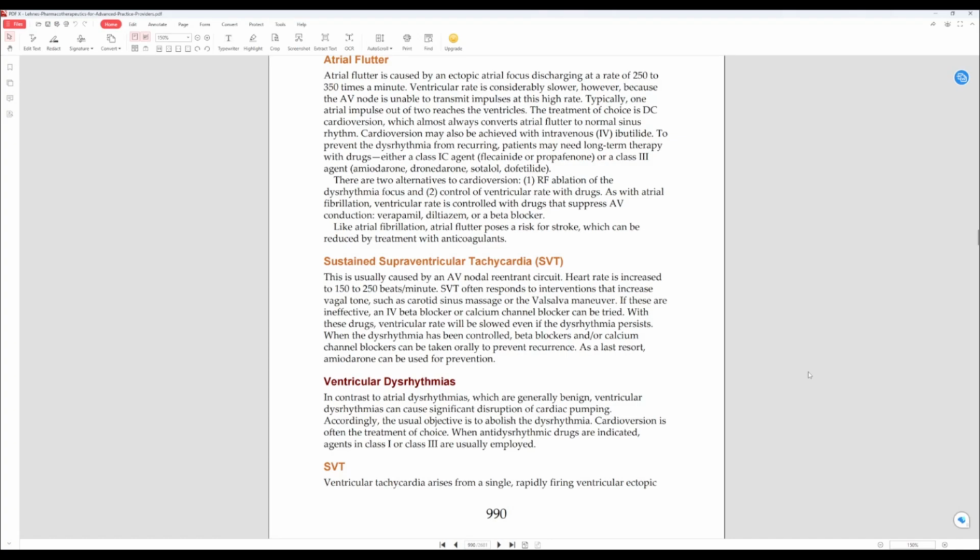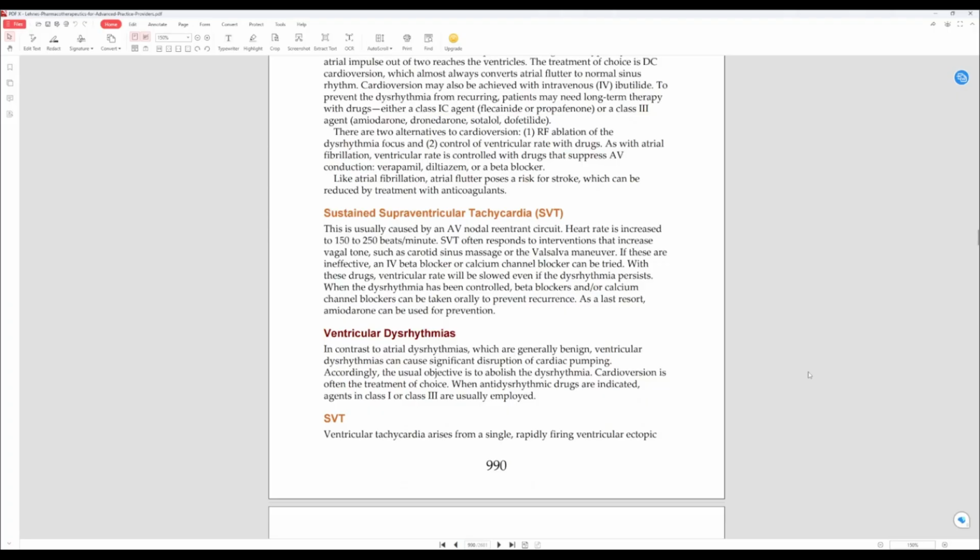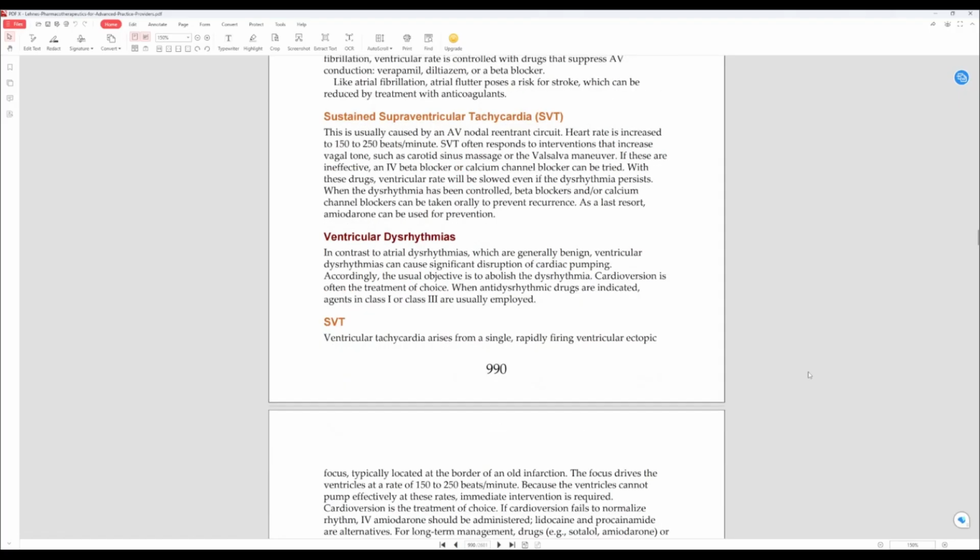As with atrial fibrillation, ventricular rate is controlled with drugs that suppress AV conduction: verapamil, diltiazem, or a beta blocker. Like atrial fibrillation, atrial flutter poses a risk for strokes, which can be reduced by treatment with an anticoagulant.